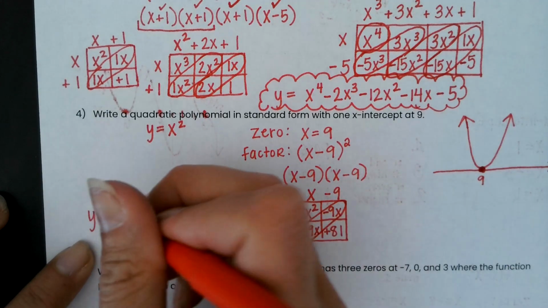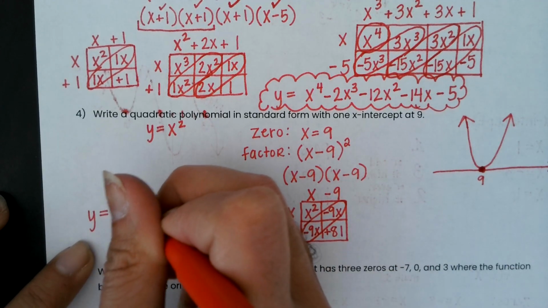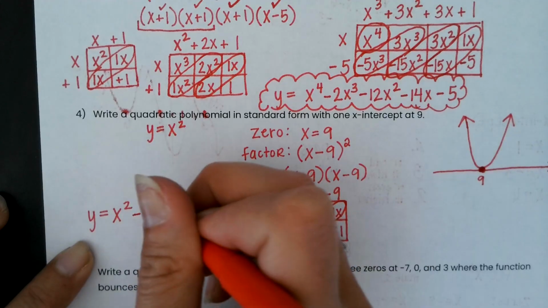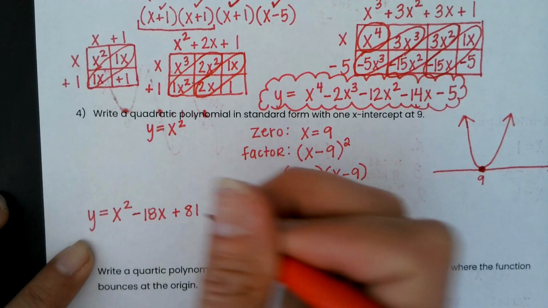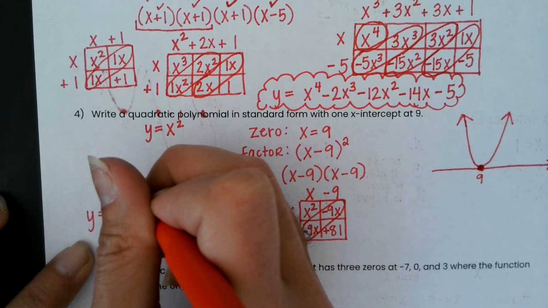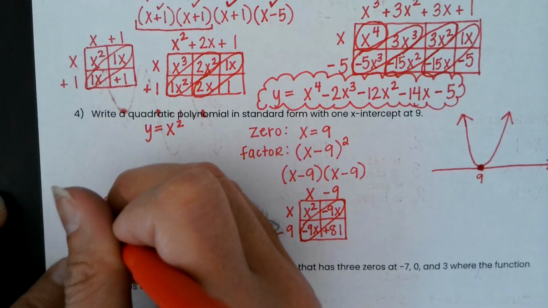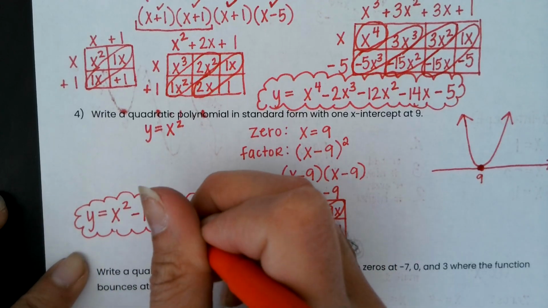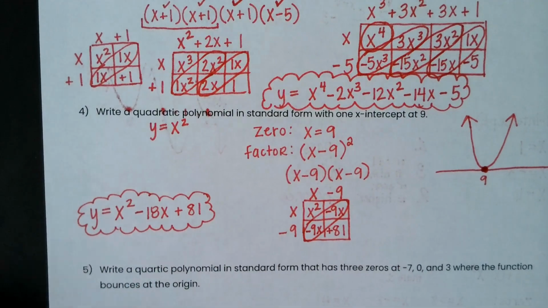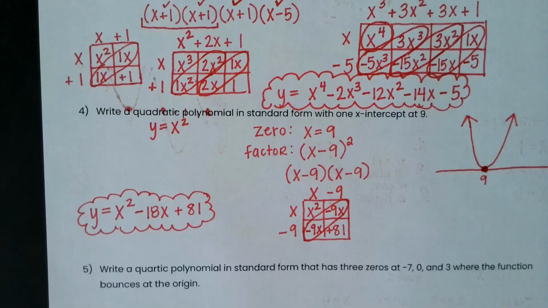Negative 18x, and then our plus 81 at the end. There's our quadratic polynomial. Nice. That one was way shorter than the last one. We just got our answer without doing too many boxes. Yeah, one box. We were good.